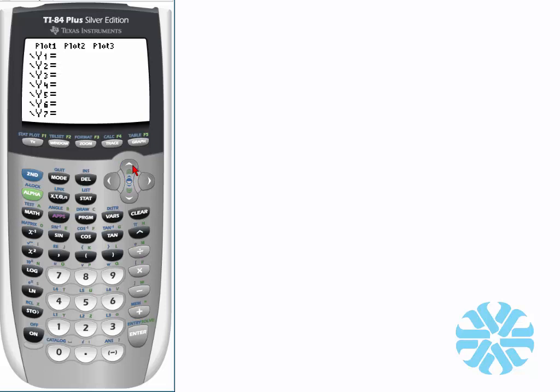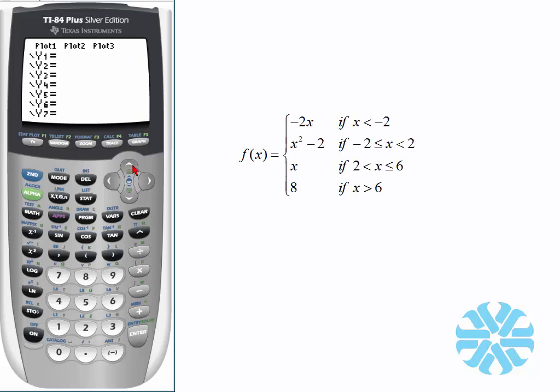Now we're going to graph f of x equals negative 2x if x is less than negative 2, x squared minus 2 if negative 2 is less than or equal to x, less than 2, x if 2 is less than x, less than or equal to 6, and 8 if x is greater than 6.